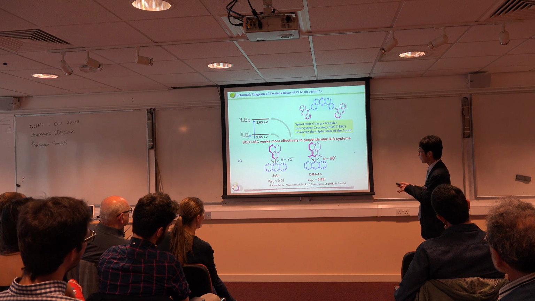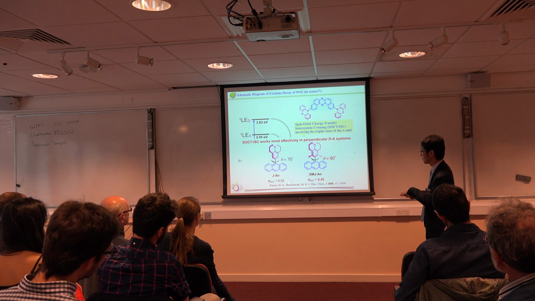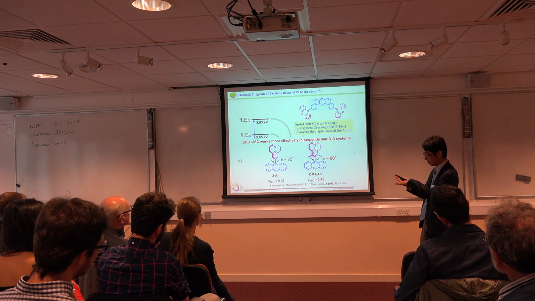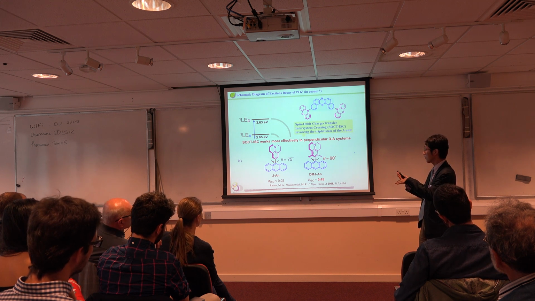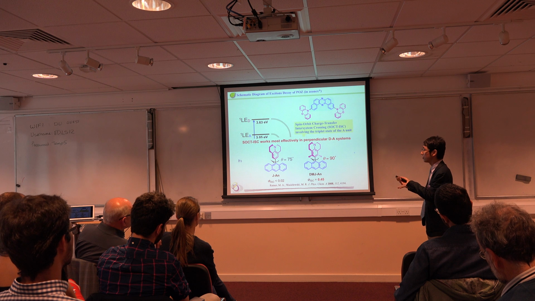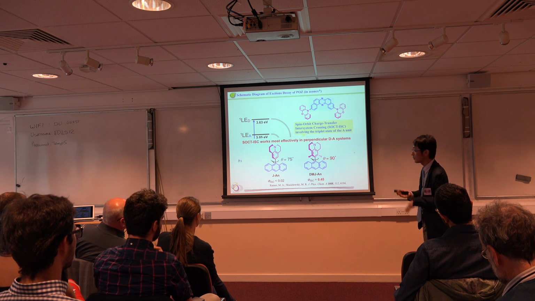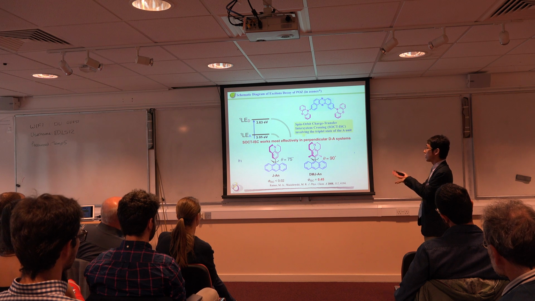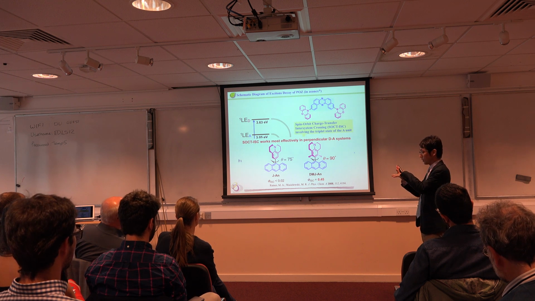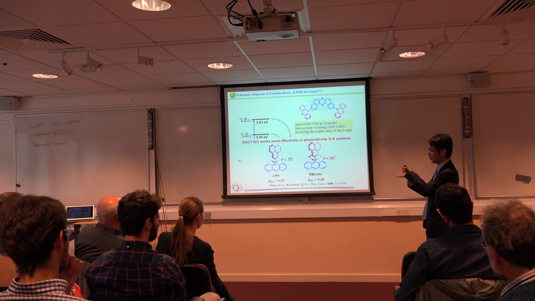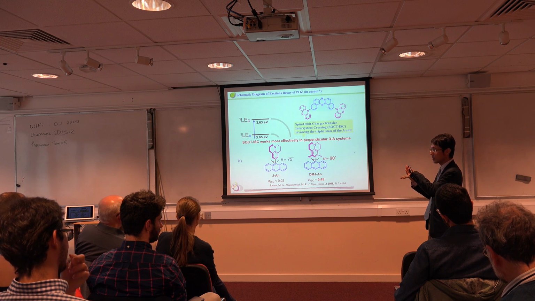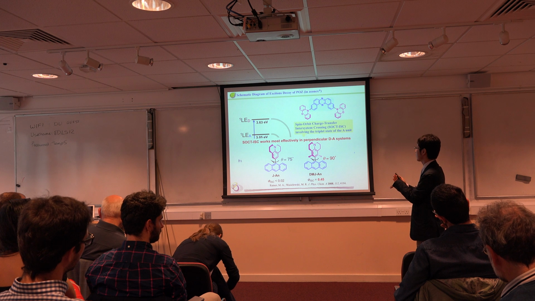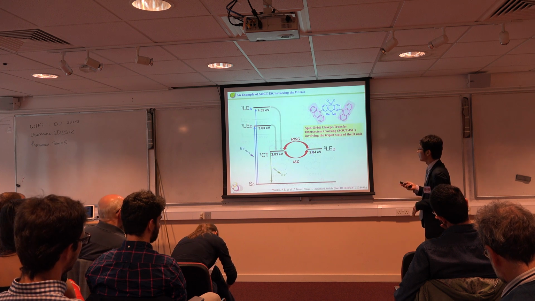As reported by their group, intersystem crossing is most effective at the right angle between the donor and acceptor. So meaning that indeed in this compound system, the perpendicular donor-acceptor-donor system gives such effective intersystem crossing.